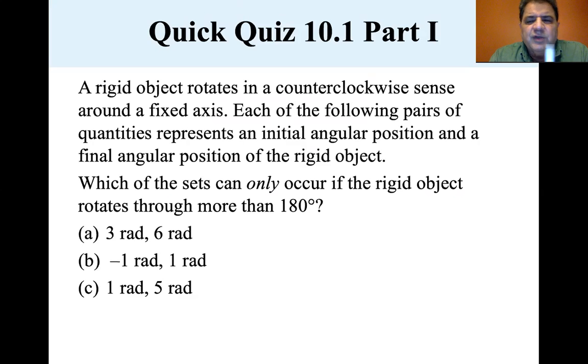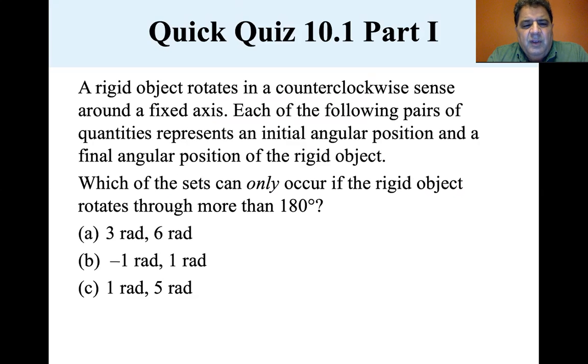Well, if the first one is at 3 radians and it goes to 6 radians, 3 radians would be up here, 6 radians would be over here. How many radians is that? Well, that's only 3 radians. How many radians are in 180 degrees? Well, there's 3.14159. So 6 radians minus 3 radians is not going 180 degrees.